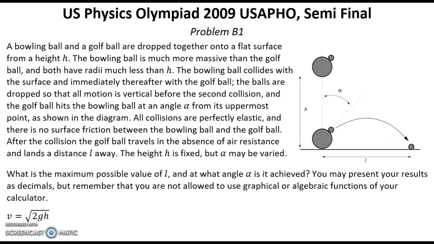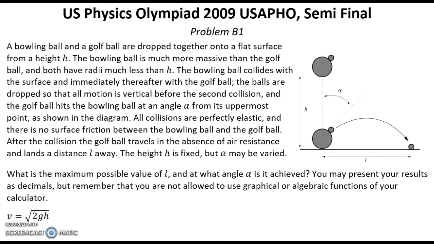Because the bowling ball is very heavy compared to the golf ball, we can think of it as a wall. The best way is to go to the frame of reference of the bowling ball, which is going with speed v upward.